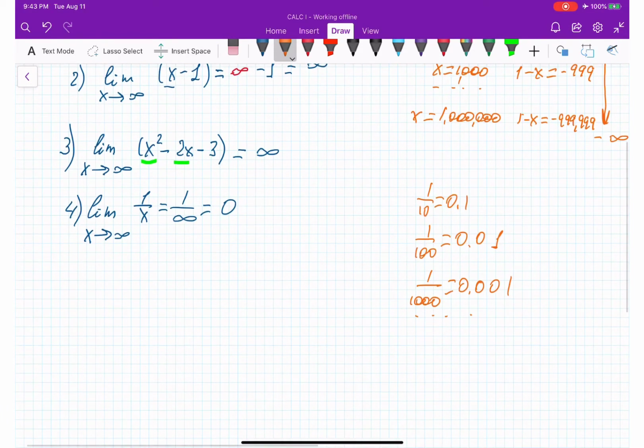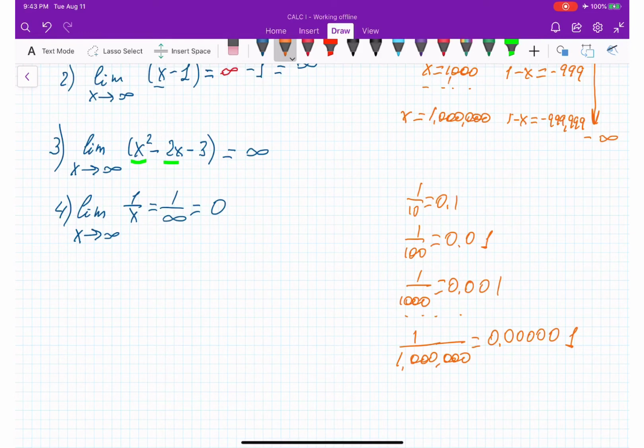If I put 1 over a million, it's going to be a tiny decimal. So what is happening? It's getting smaller and smaller and smaller, and the result is running to 0, right? It's getting as close as possible to 0 while the number in the denominator is growing to infinity, right?